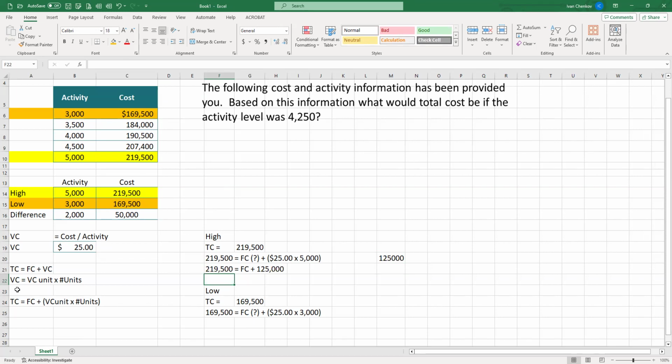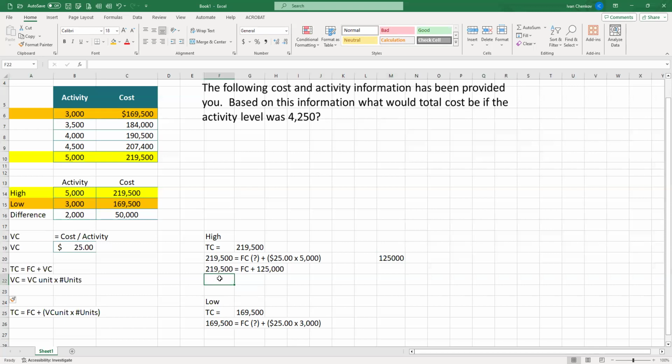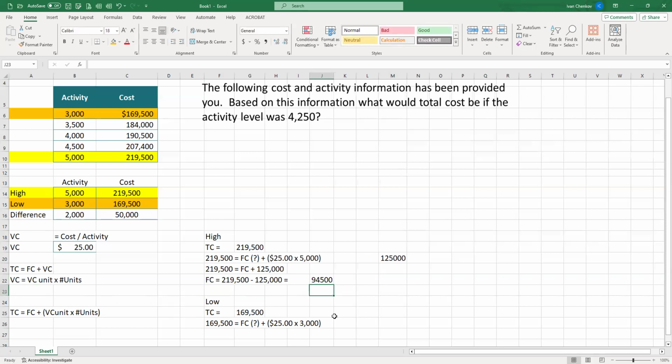Correct? Yes. Okay, once I get this, what am I going to get? My fixed cost is going to be equal to 219,500 minus 125,000, which is equal to 94,500.